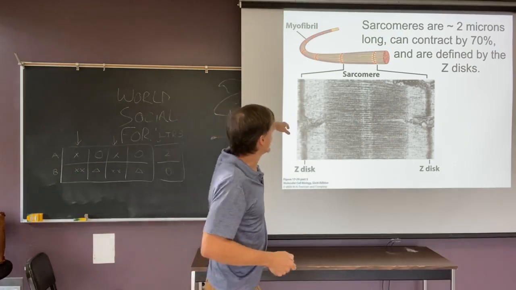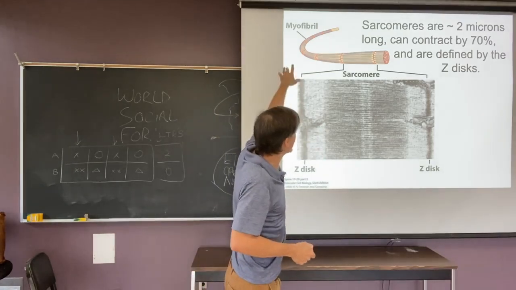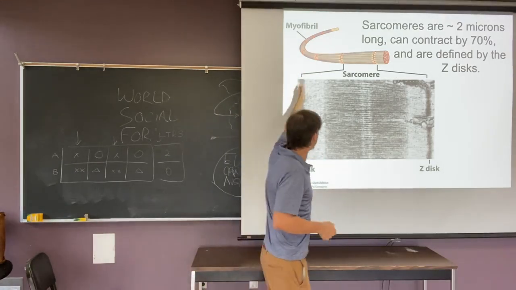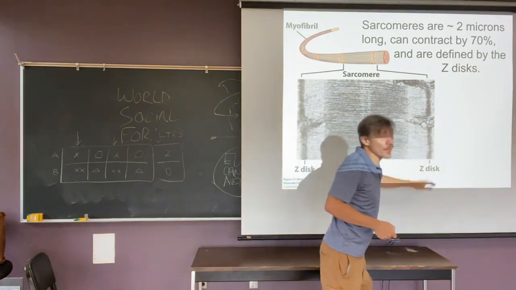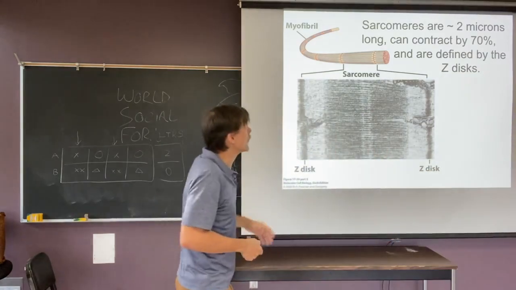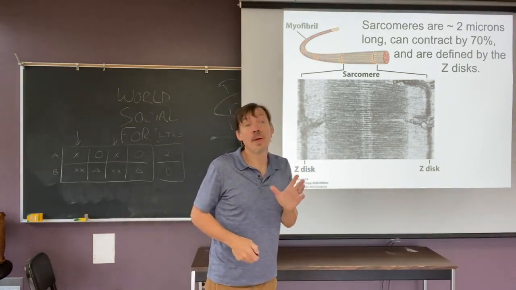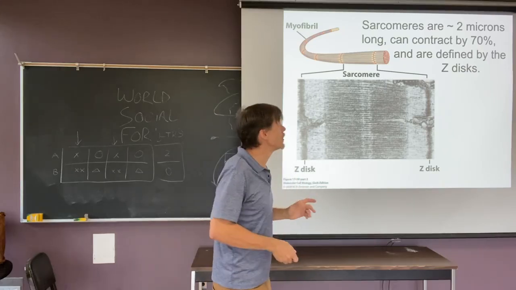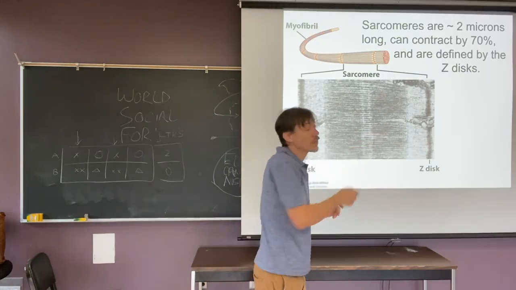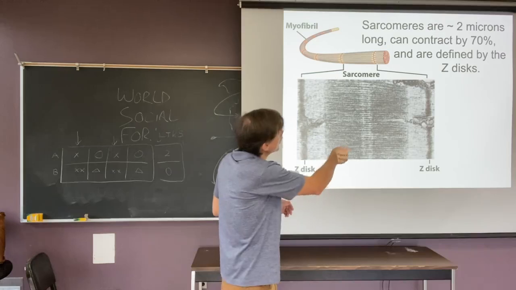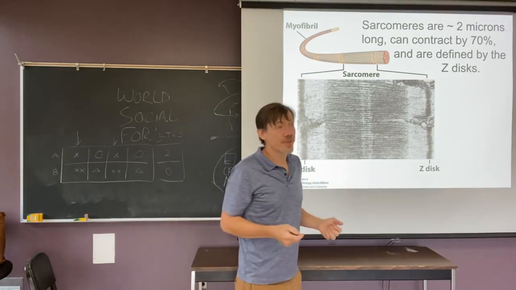If we zoom in on a myofibril, we see that the fundamental unit of organization in muscles are the sarcomeres. These, in contrast, are relatively small. They're about 2 microns long, and they can contract by about 70%.